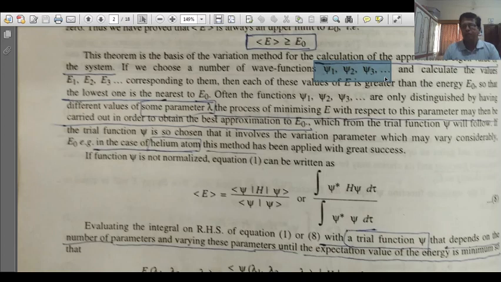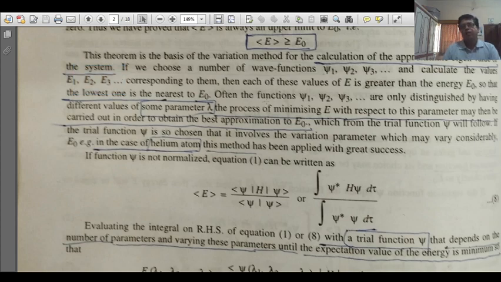Each of these values of E is greater than the ground state energy E0. The lowest one is the nearest to E0 among these eigenvalues.